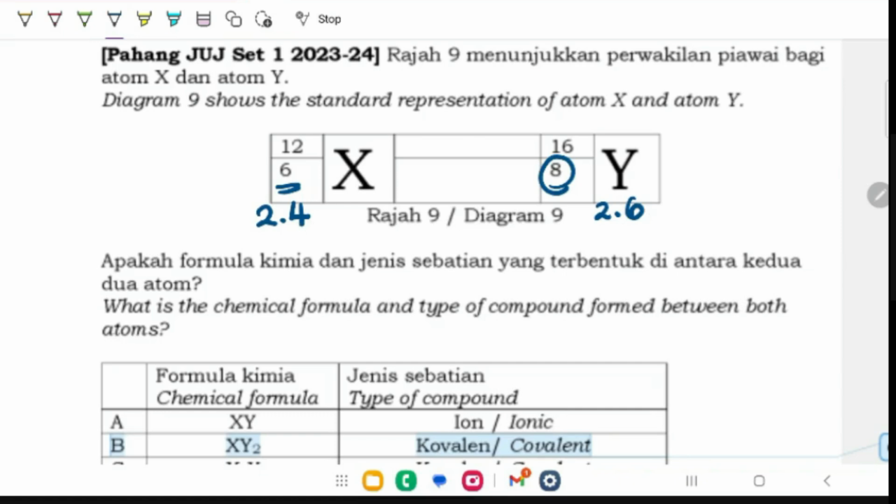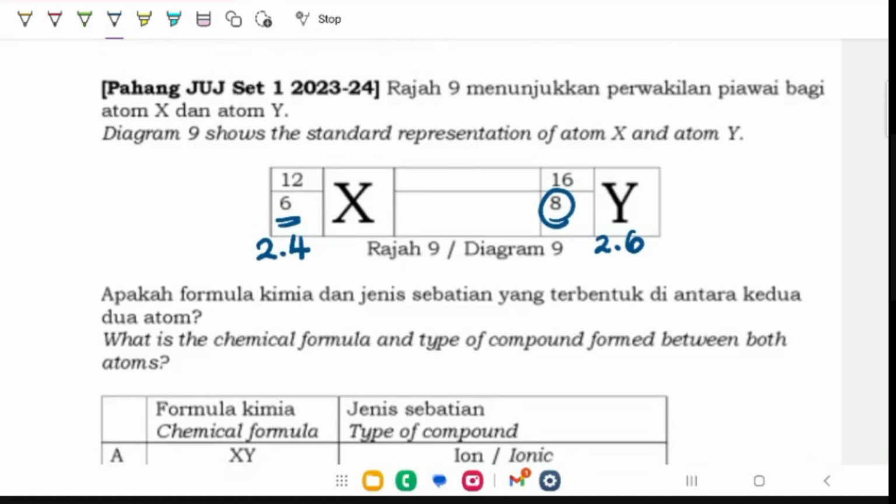So they are from what? Metal, non-metal? Non-metal. Non-metal with non-metal. So meaning that what is the type of bond, type of compound, sorry. The type of compound should be covalent.